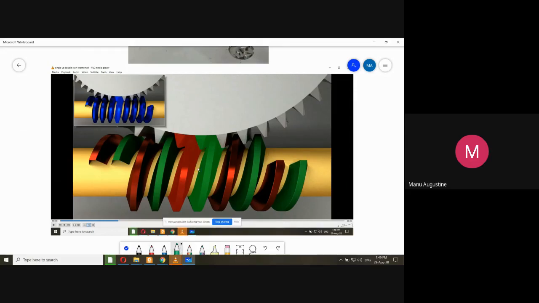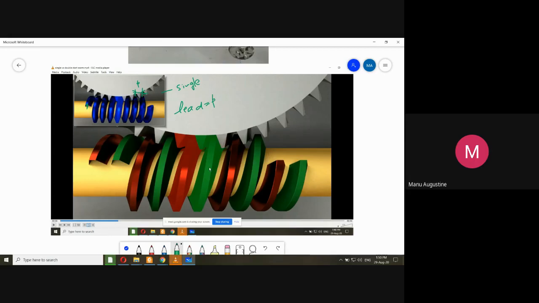See, this is the single start. For a single start thread, if I measure this horizontal distance, that means the distance between two adjacent threads, then this distance is my pitch. But once again, since it is a single start thread, there is only one start. For a single start thread, the lead or the actual horizontal advancement is equal to the pitch only.